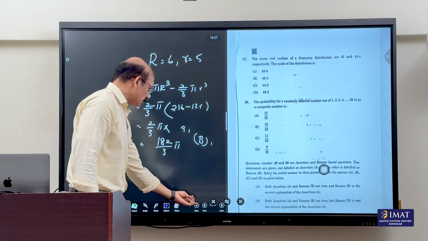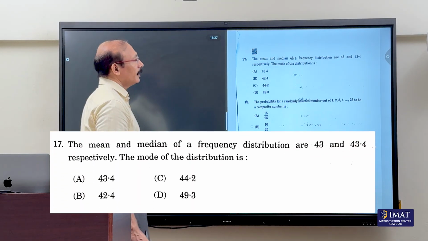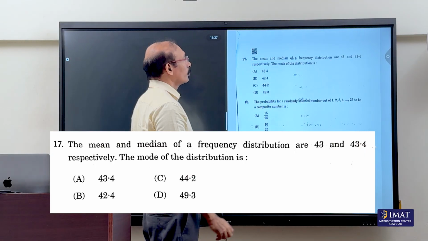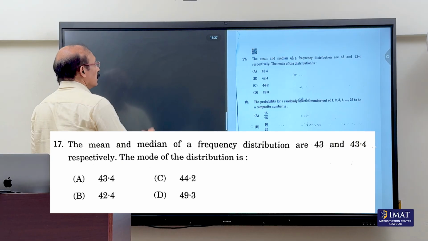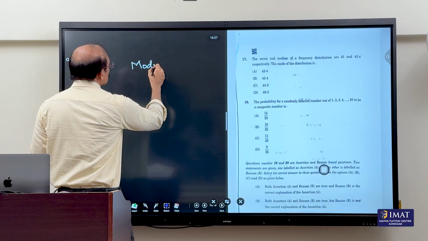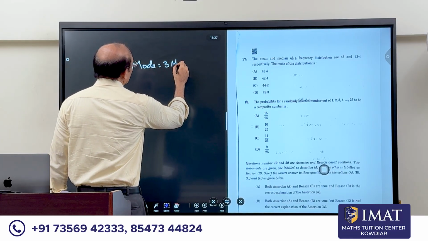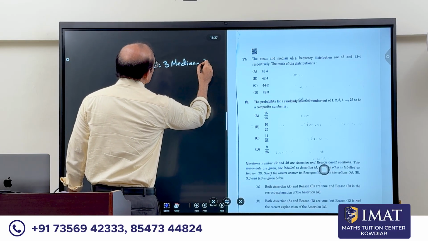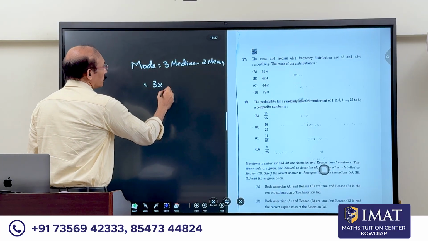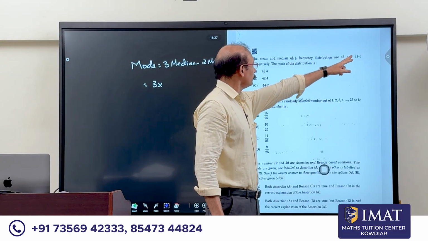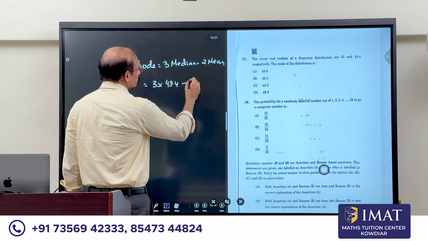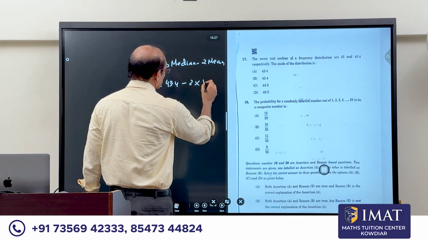Question number 17. The mean and median of a frequency distribution are 43 and 43.4. The mode is, now there is a formula. What's the empirical relationship between mean, median and mode? Mode is equal to 3 times median minus 2 times mean, which is equal to 3 times 43.4 minus 2 times 43.